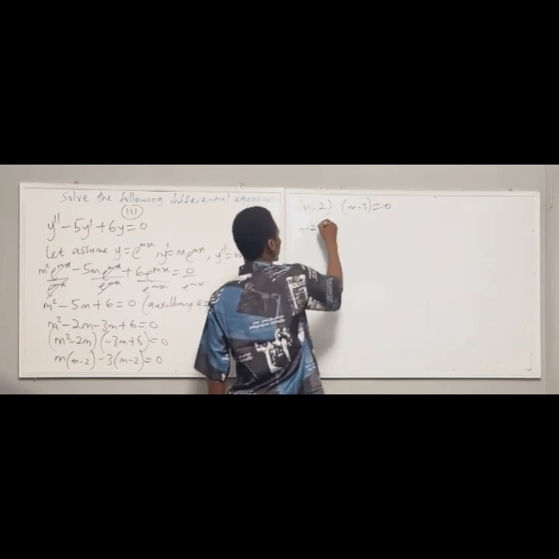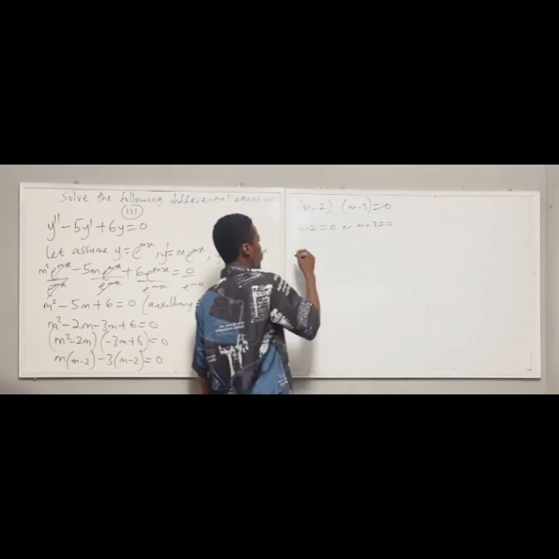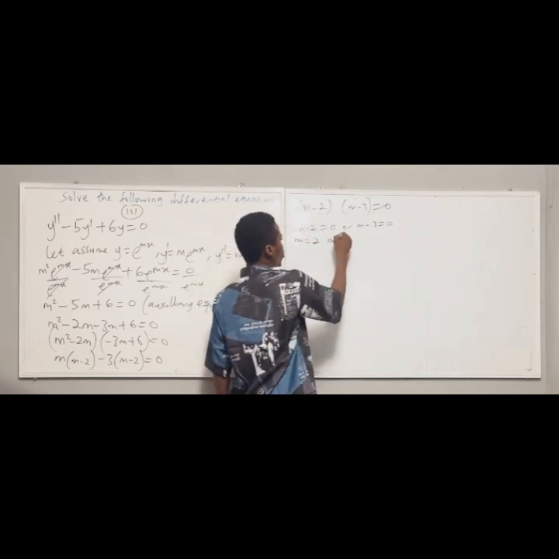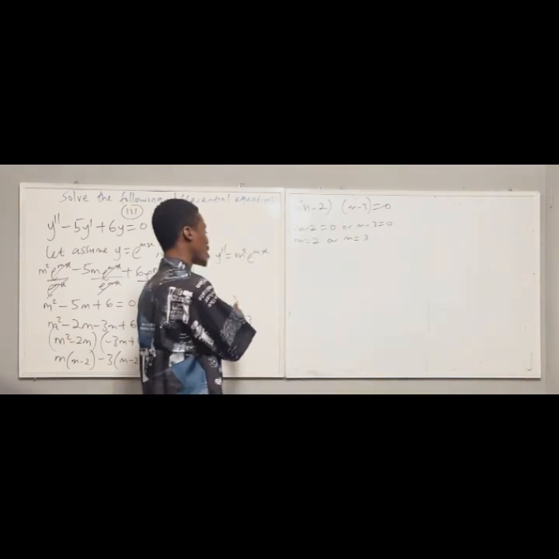So m minus 2 is equal to 0, or m minus 3 is equal to 0. So m is equal to 2, or m is equal to 3. You can see that I've solved the auxiliary equation.